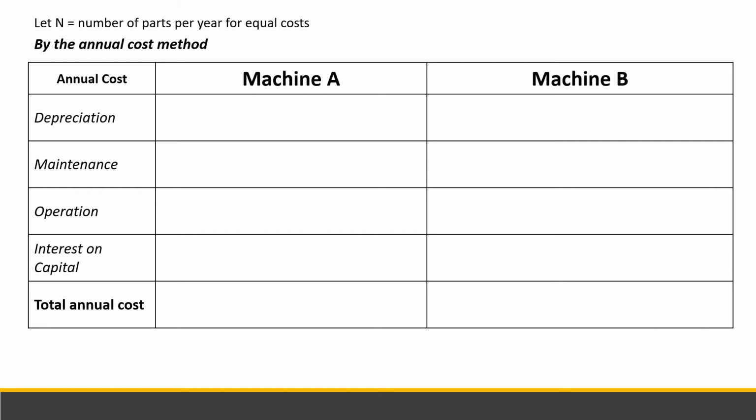So we will determine the annual cost for each machine and compare to find the n. So first is the depreciation. So since merong involved na 25% na interest, we will use sinking fund formula.